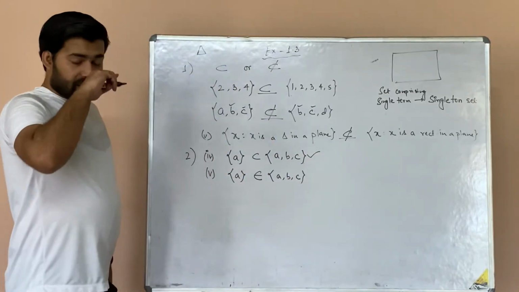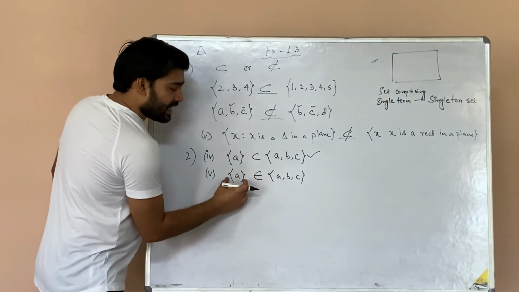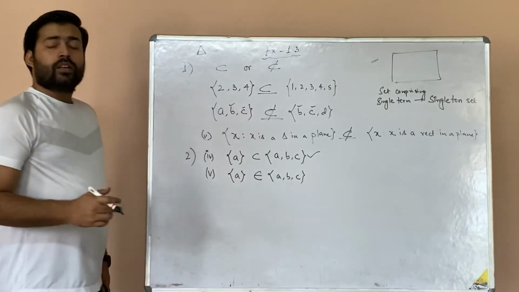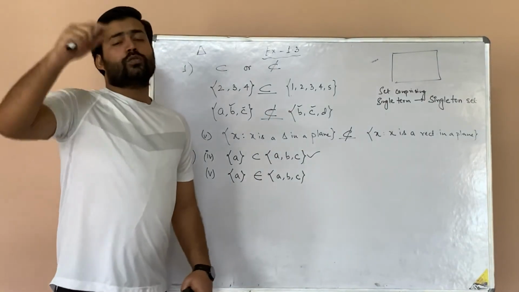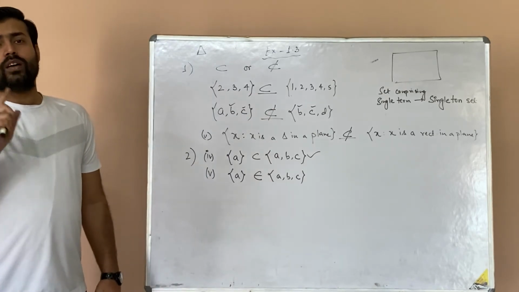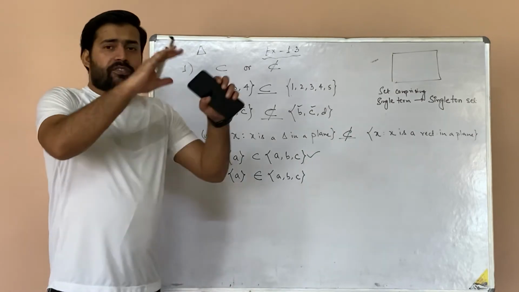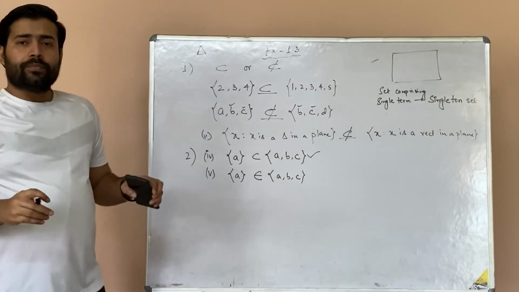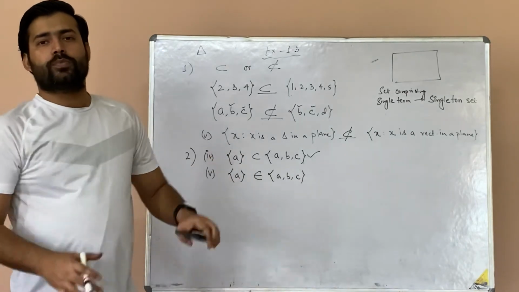Okay, fine. Now they are asking, does this set belong to this set? Now what does belongs mean? The elements belong to the set. I told you earlier also, suppose for example a Gupta family is there. In that Gupta family, father Gupta is there, mother Gupta is there, son Gupta is there, daughter Gupta is there.